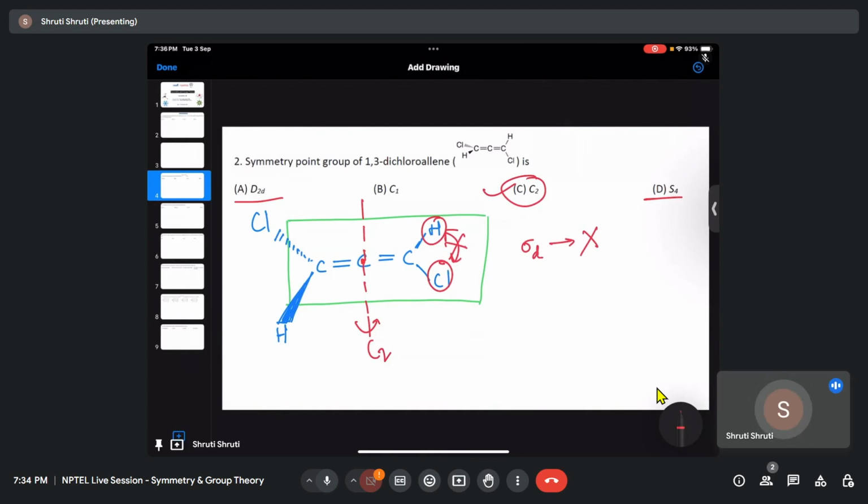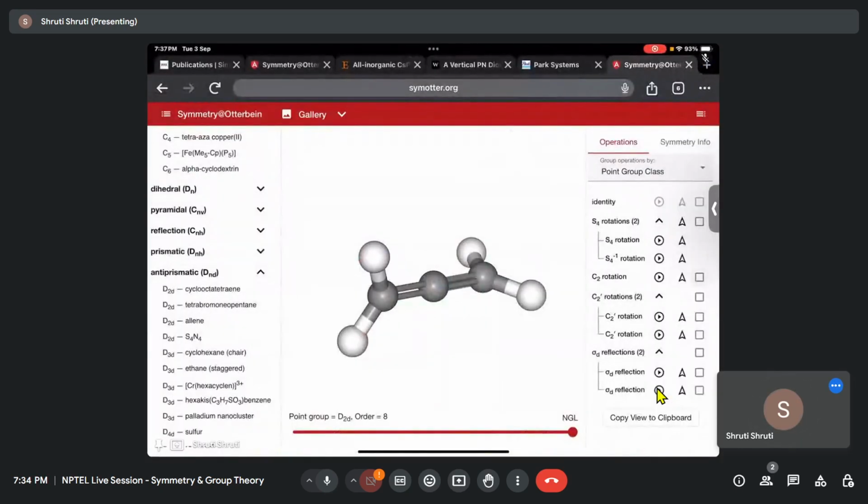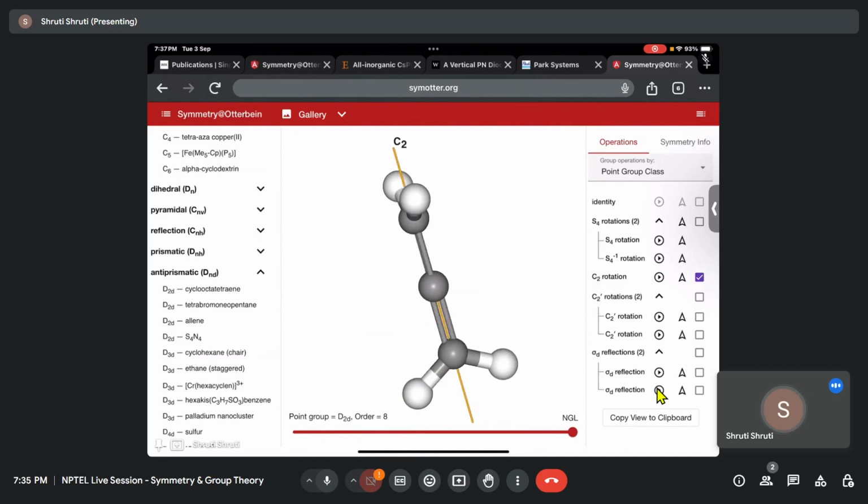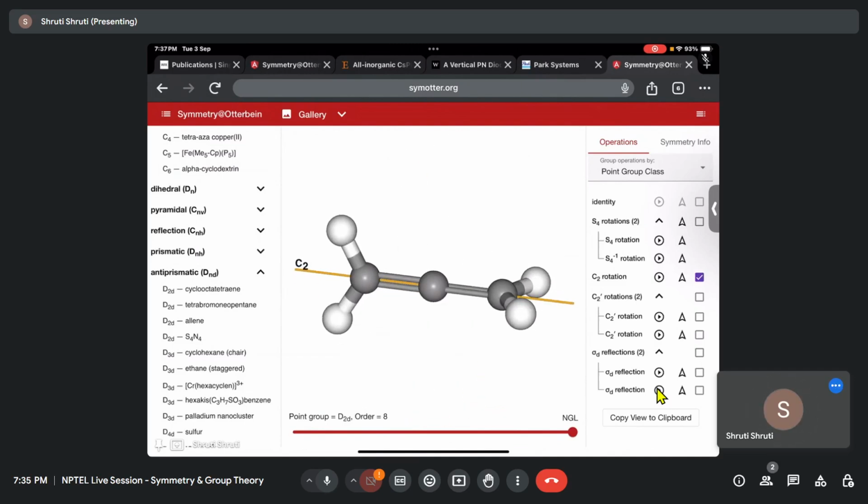And also, the C2 we had along this axis is also not there anymore, because H and Cl would again change their places.